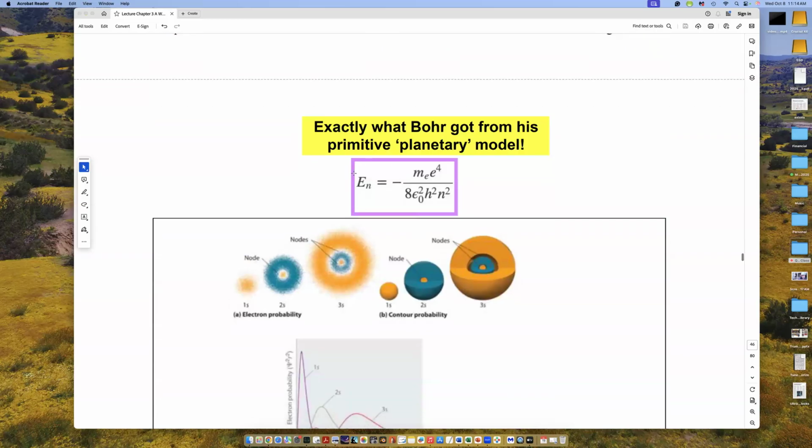And here's Niels Bohr's energy level model for hydrogen. It involves the charge of the electron, the mass of the electron, Planck's constant, some physical constants, and there is the letter n indicating integers 1, 2, 3, 4, and so forth, that tells us the energy levels of hydrogen depend on the inverse square of integers.